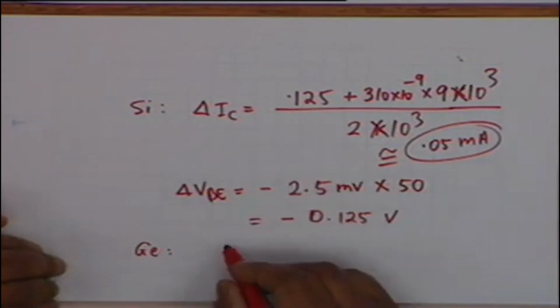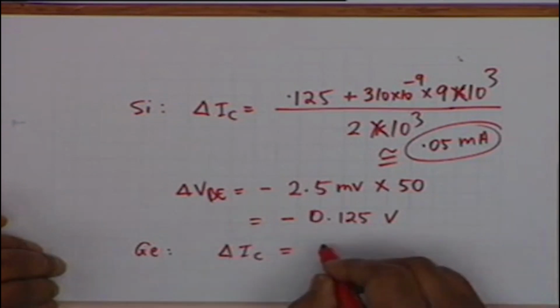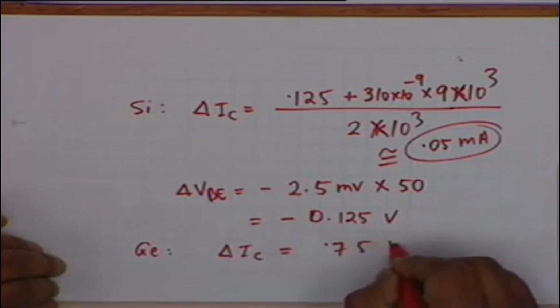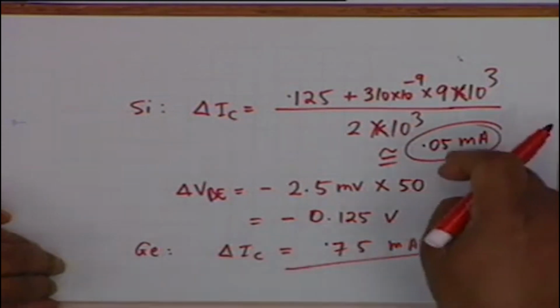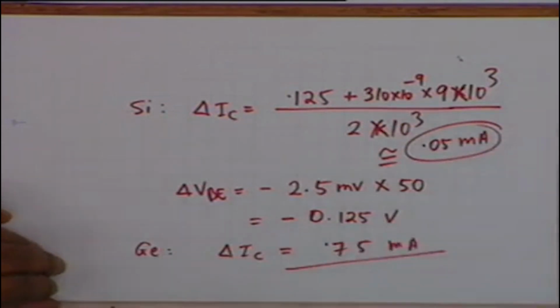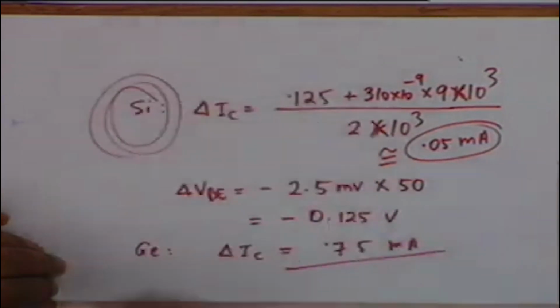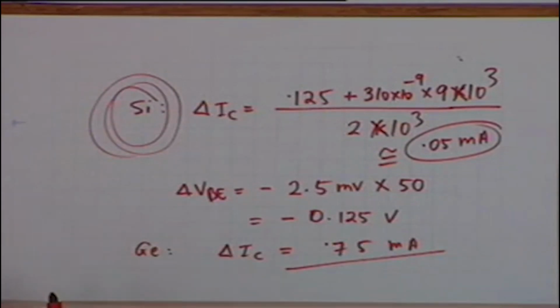If you put that, delta I sub C calculates out to 0.75 milliampere, and you see the range of variation. Whereas this is only 0.05, for germanium, the same rise of temperature can cause a large change in I sub C, and this is the reason why silicon is always preferred, particularly where the device has to work under extreme temperature conditions. Alright.